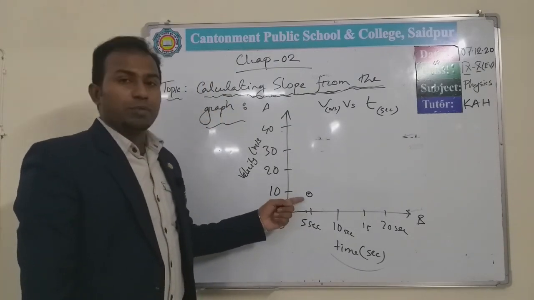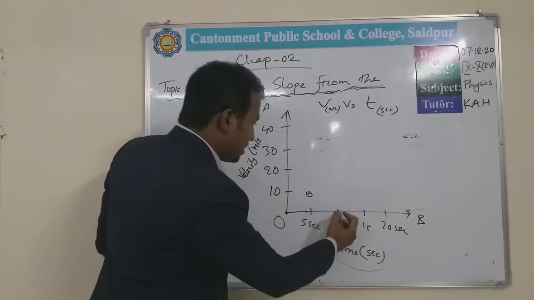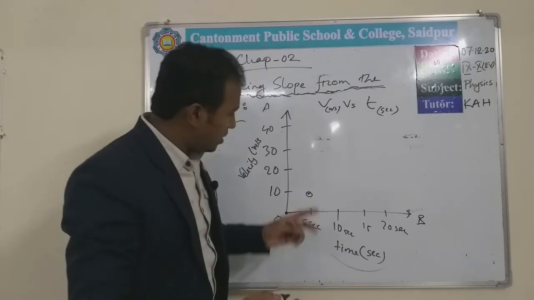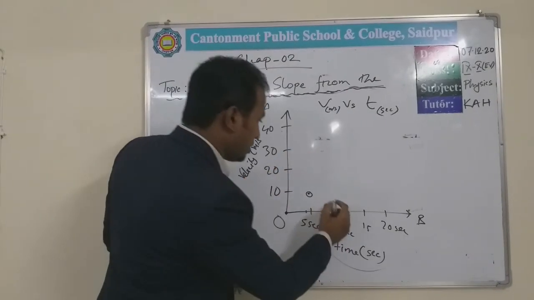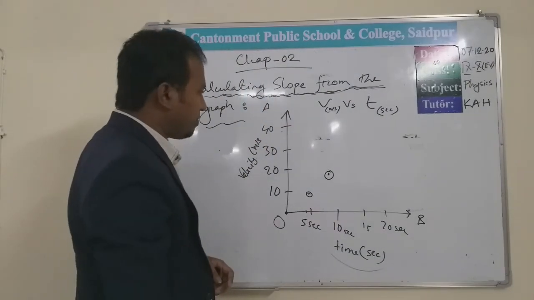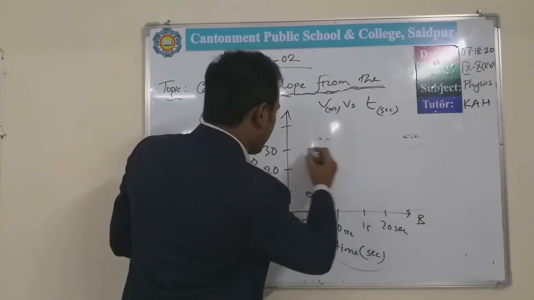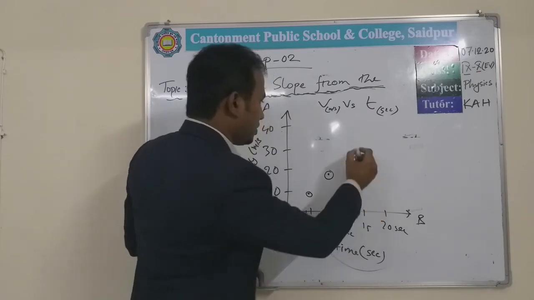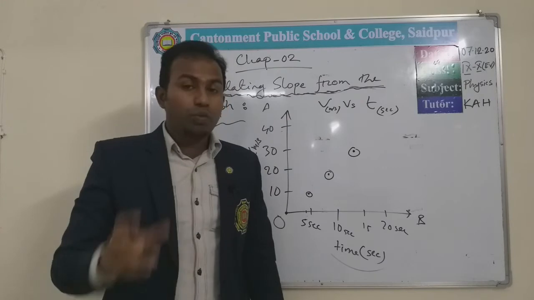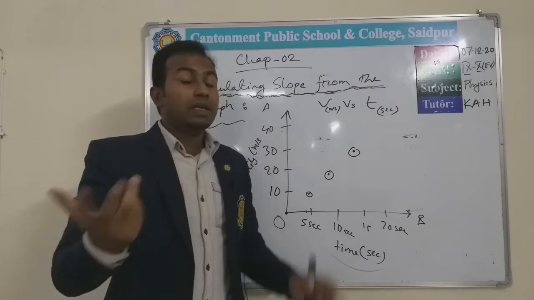The first one I have already plotted. For 10 sec, it is getting this point. It's imaginary, for our eyes' perfection. For 15 sec, it will be over here. Now I have plotted 3 points, whatever I have said in the stem.